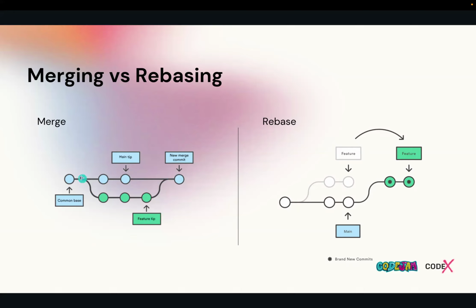This is the feature branch, and then when we are integrating them together, let's say we are getting updates from the main branch to the feature branch, at that point it may create a new commit message. It will not always create a commit message, but it may. So that's the difference between rebasing and merging.